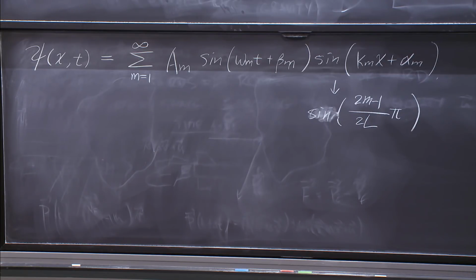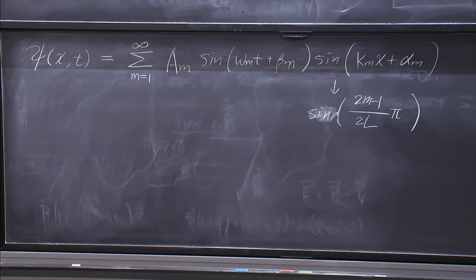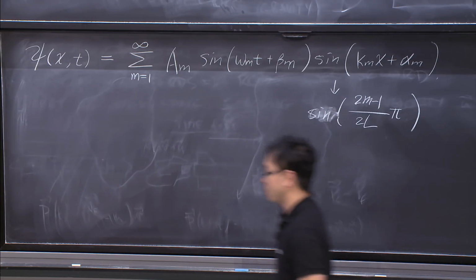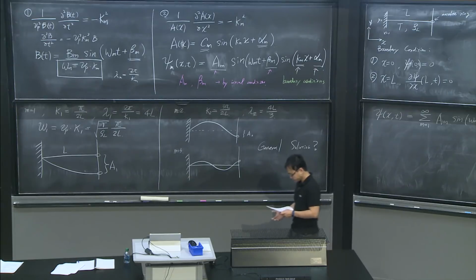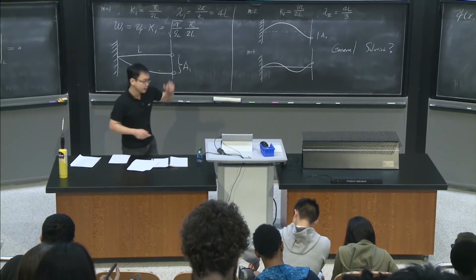You're summing over all the possible m's. The k_m and α_m can be determined by boundary conditions. And in this specific case, the right-hand side expression is written like sine((2m minus 1)/(2L) times π x). So that's very nice.